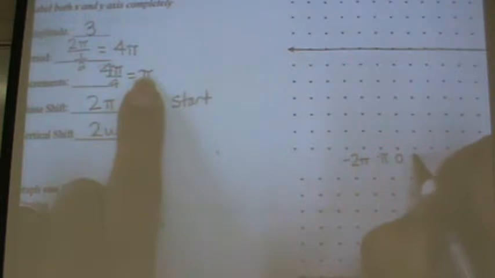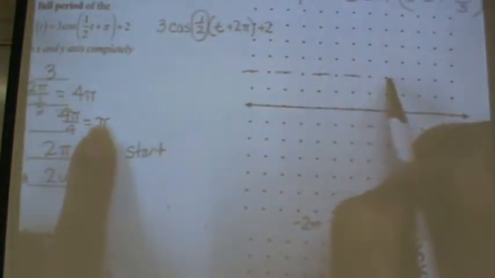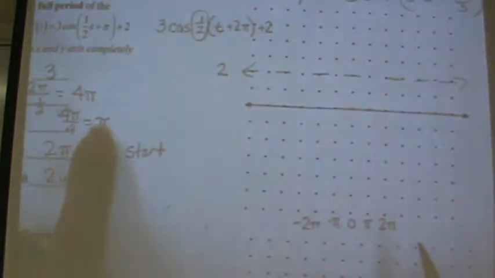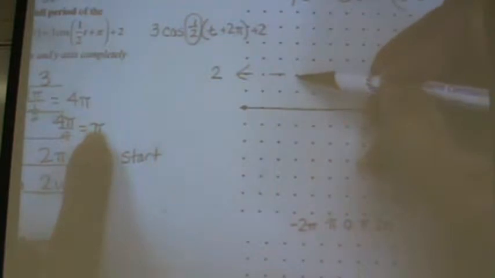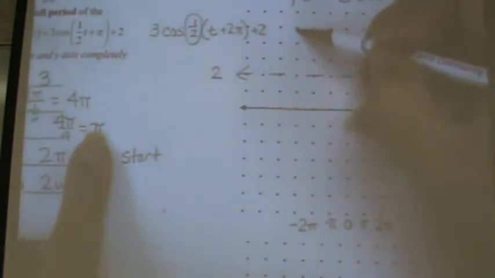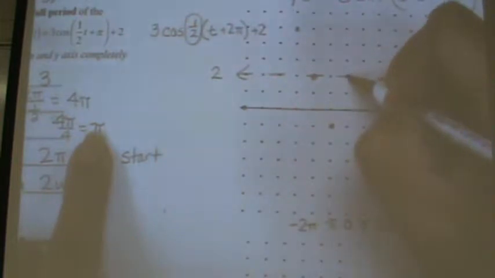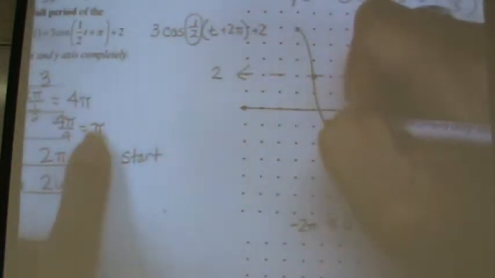So this is going to be negative pi, this will be 0, pi, and 2 pi. 2 up, so that's your new x-axis, 2. And it's the cosine graph. The cosine graph starts above, on, below, on, above. And it's curvy, not pointy.